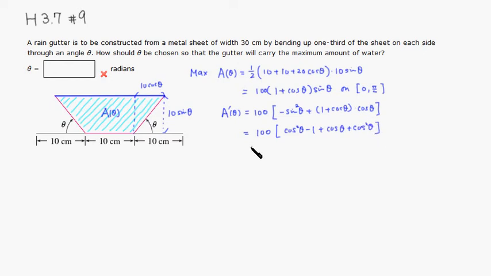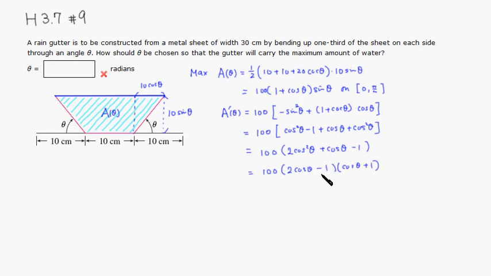We can rearrange this so that there's a 2 cosine squared of theta plus cosine of theta minus 1. We can factor this out: you get 2 cosine of theta, minus 1, times cosine of theta plus 1.